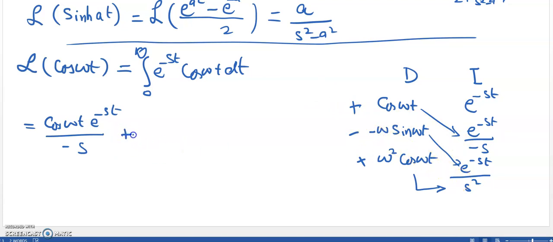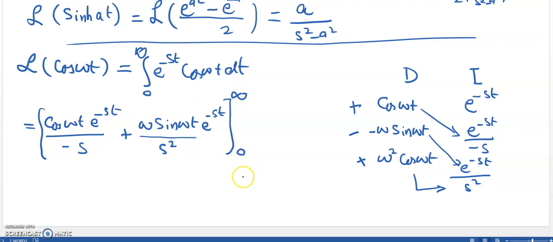So the next term will be plus omega sine omega t over s square times e power minus st. We get these two terms, I can put them in a bracket, and then we need to apply the limits of the integration, and the last term will remain in the integral.